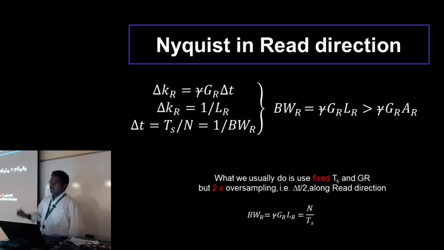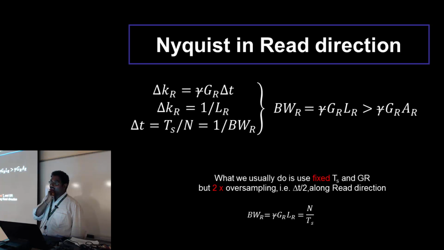If from your experiment, from your Lx, which is your field of view along the x direction or the readout direction, your sampling delta k turns out to be 1 by Lx, then essentially 1 by 2 Lx is what is sampled, or delta k by 2 is the actual sampling rate, and when you reconstruct it, you just throw away the additional data points.